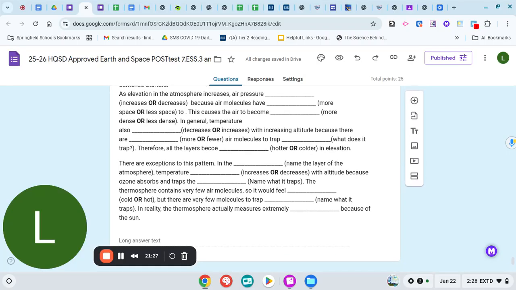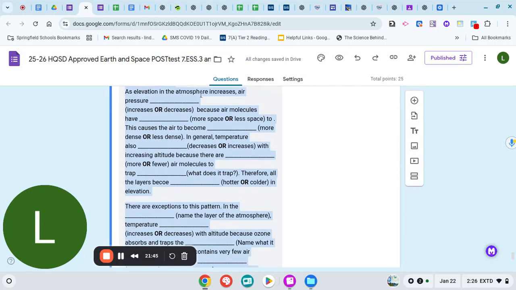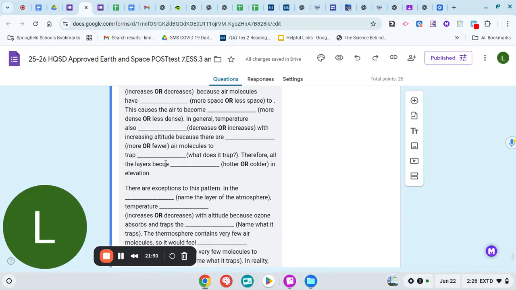In general, temperature also blank, decreases or increases, with increasing altitude because there are blank, more or fewer air molecules to trap blank. What is it trapping? Therefore, all the layers, and that should say become. I will fix this. And so let me actually fix this right now as I'm here. So bear with me.